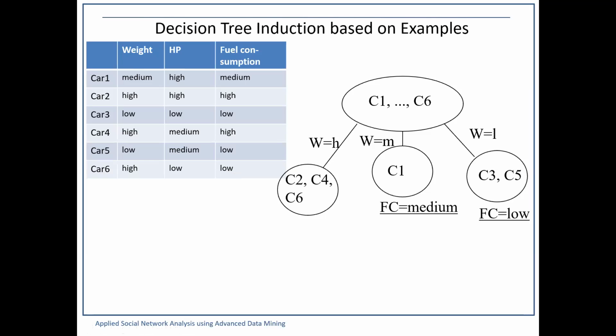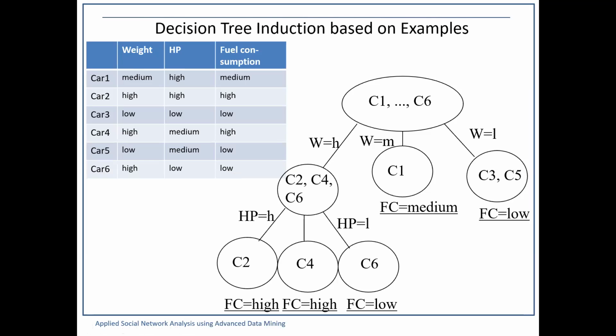In other words, we need more information, for example, based on HP. So we continue splitting, and now it's obvious what happens. Each car ends up in its own node, and now we can finish the process, because in every node we have only examples from one class. I know the example is ridiculously small, since in each node we have only one observation.